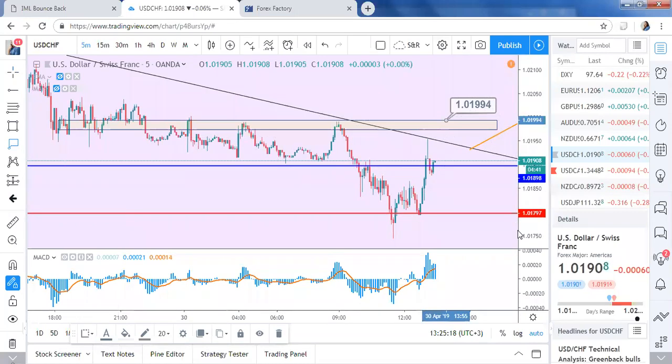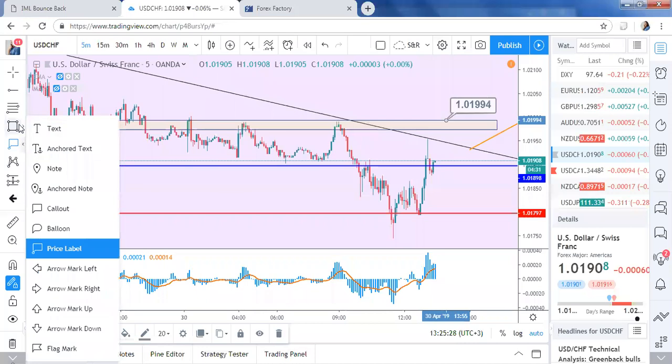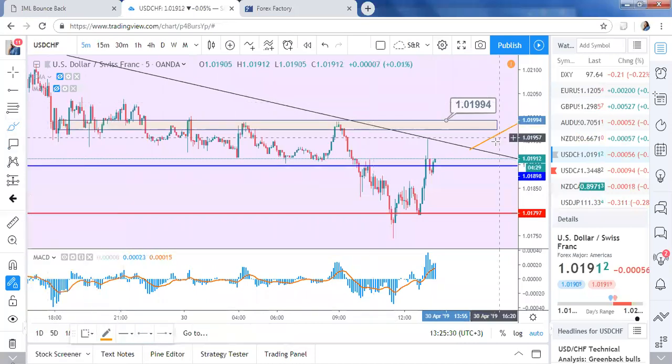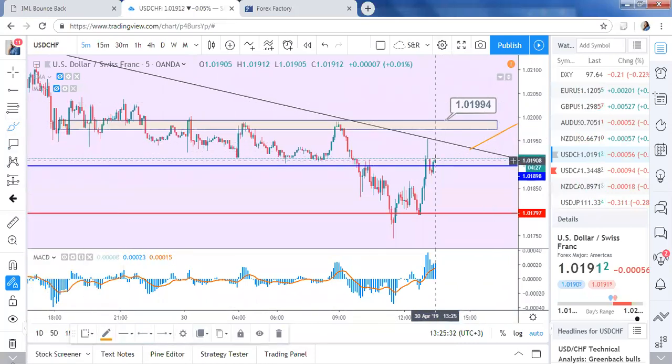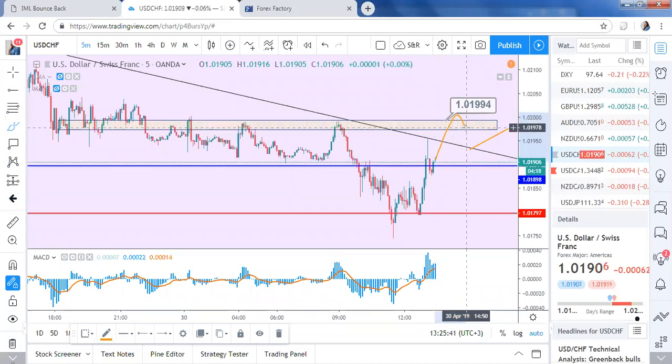So that becomes my call level, 1.01994. What I want to see now is price breaking my trend line, but also breaking my resistance and testing it before it pushes up.